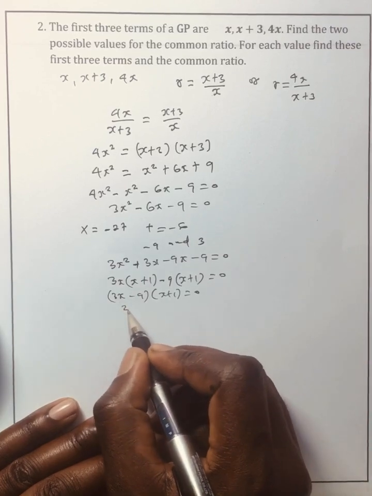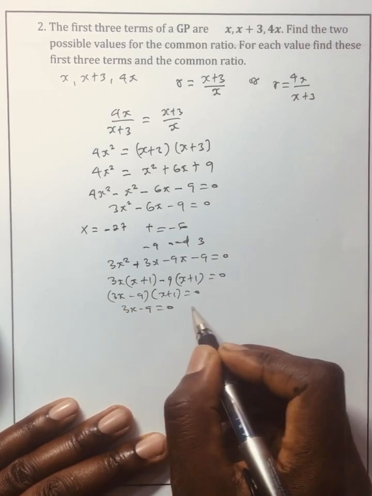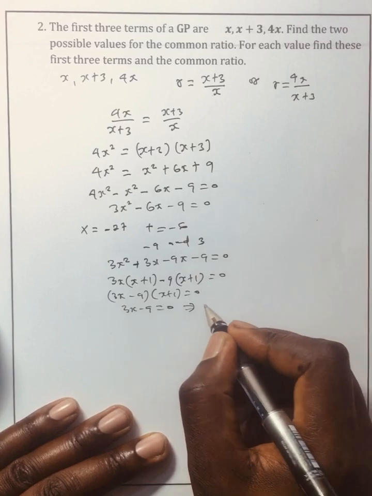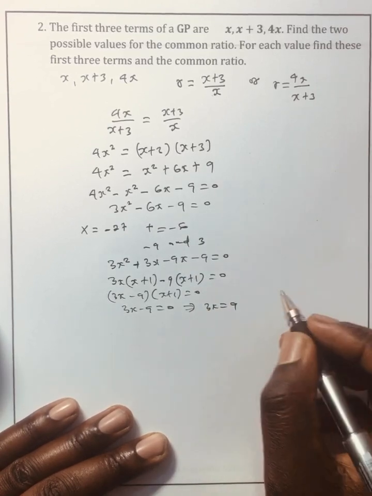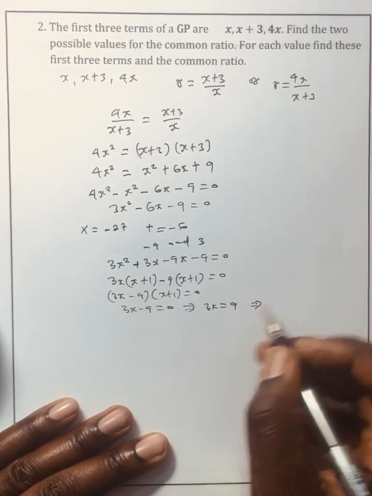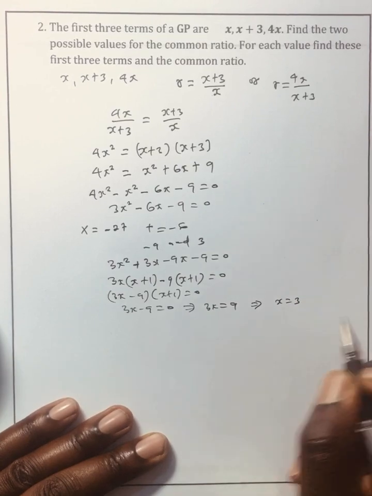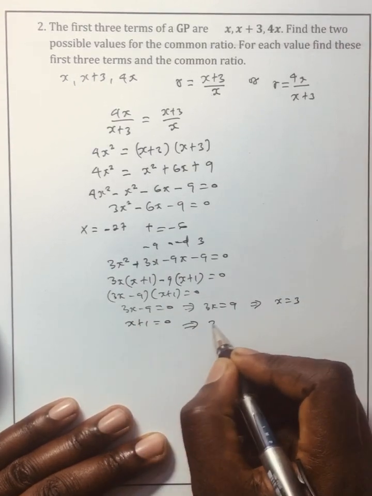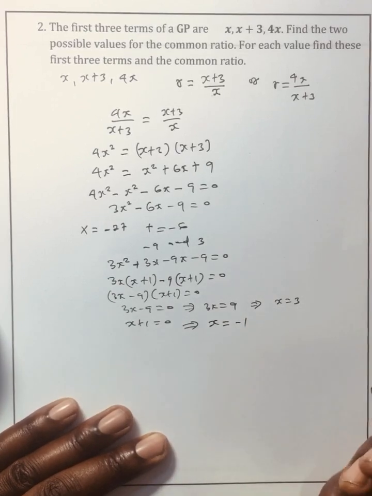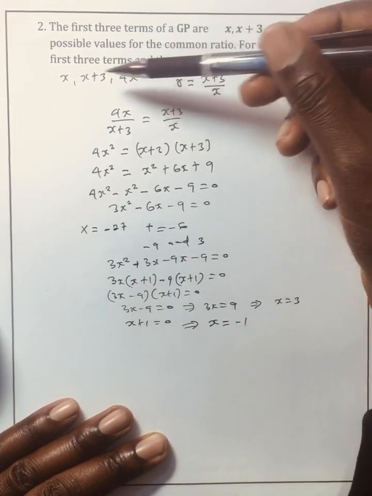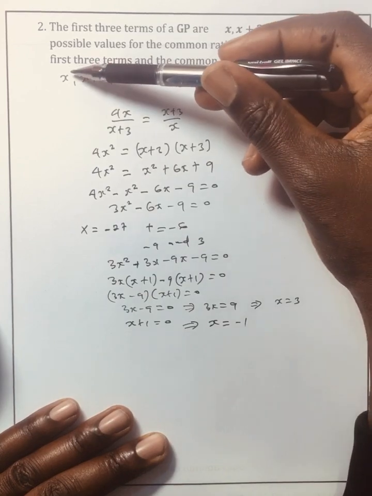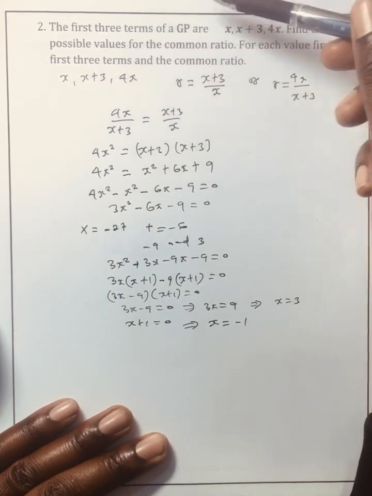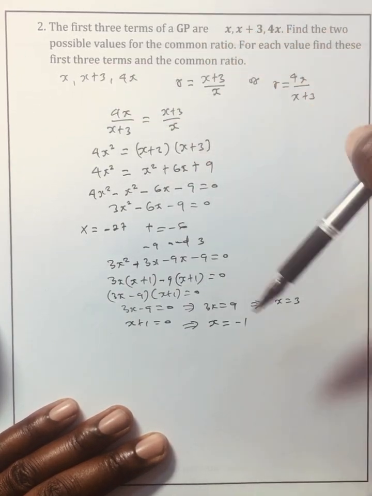If 3x minus 9 is equal to 0, then 3x is equal to 9, which implies that x is equal to 3. And if x plus 1 is equal to 0, then x is equal to negative 1. So we can form the GP using our x.